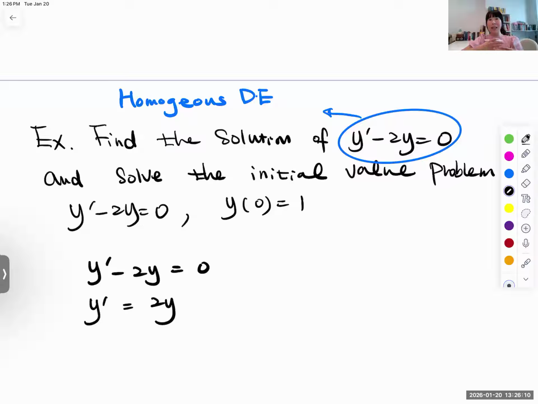You might get confused because I said to make the y variable one side, and it's already one side. All right, so we have y prime equal to 2y. Then y is there, so we want to divide by y on both sides.